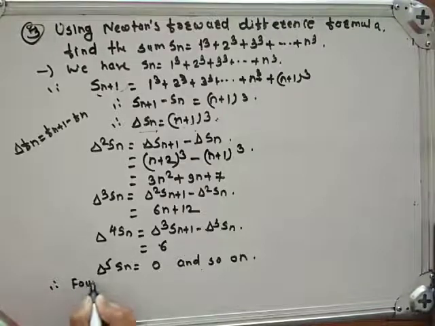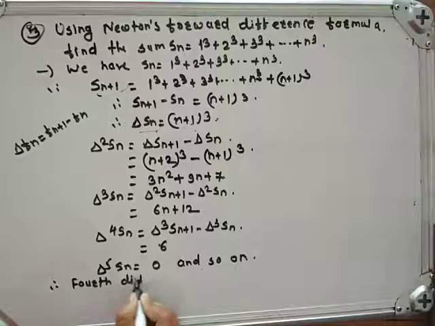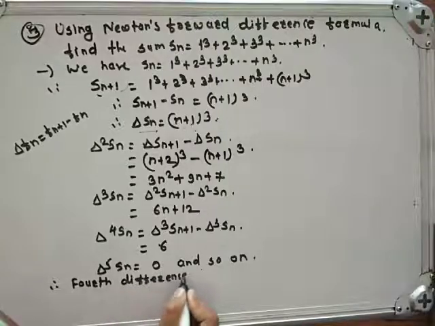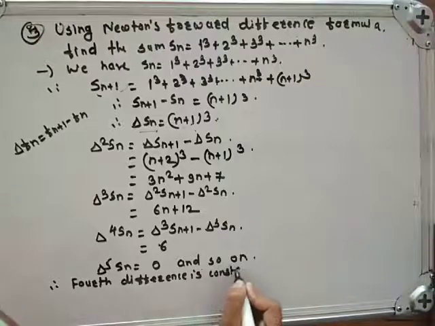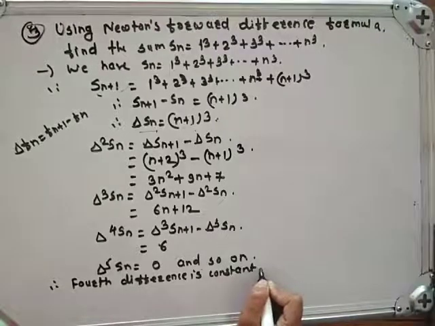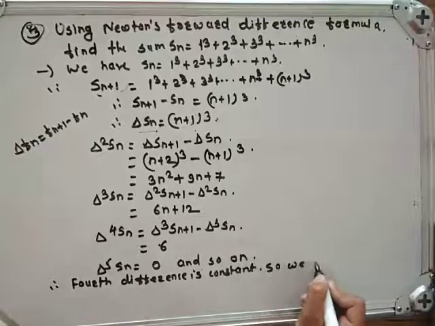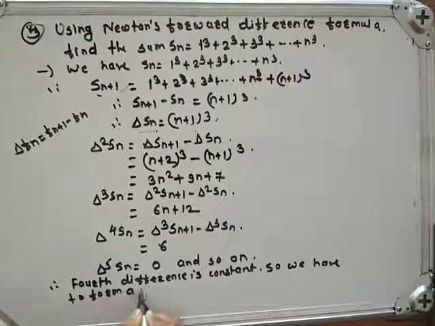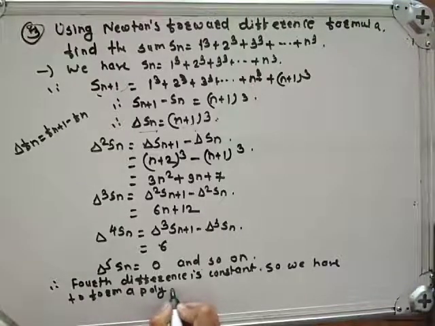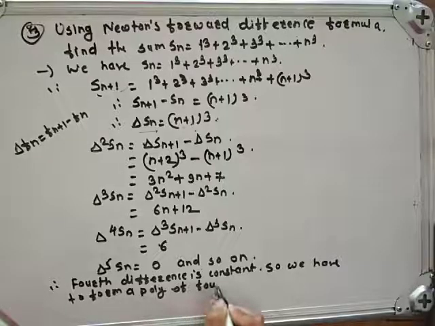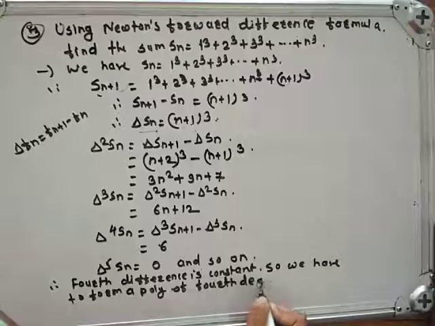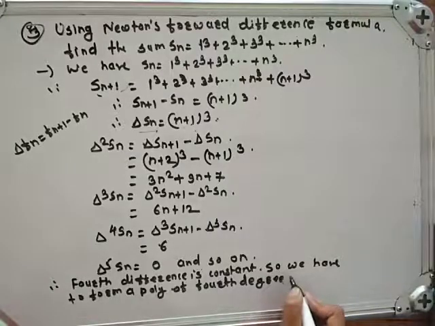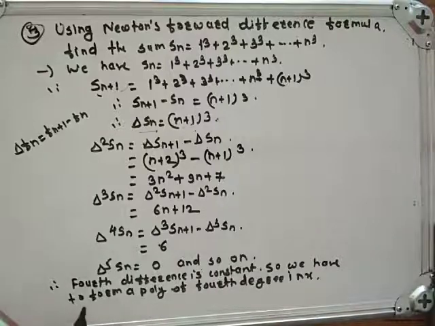The fourth difference is constant. So we have to form a polynomial of fourth degree in x.